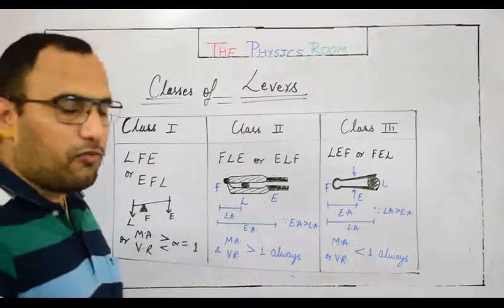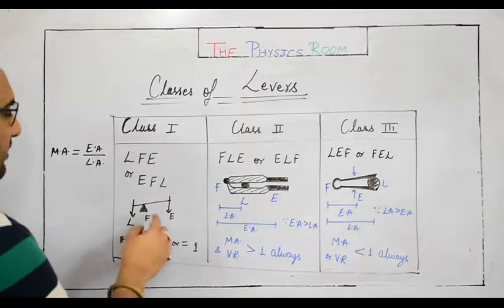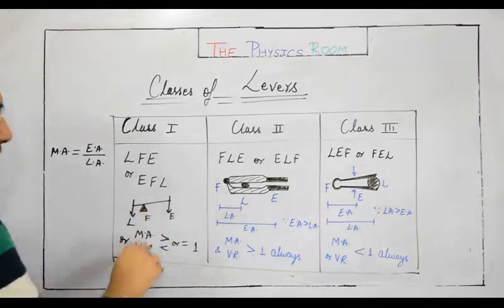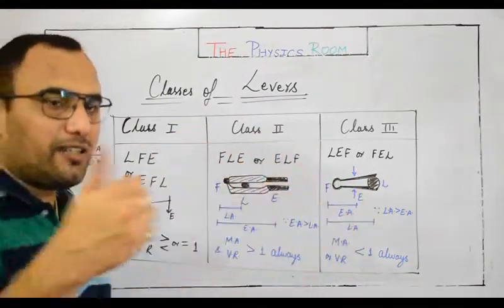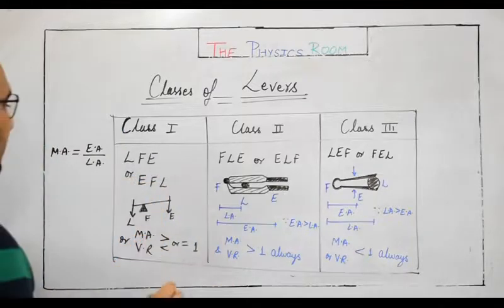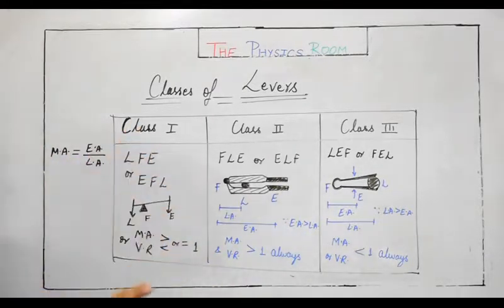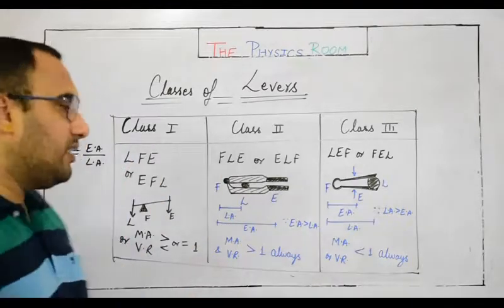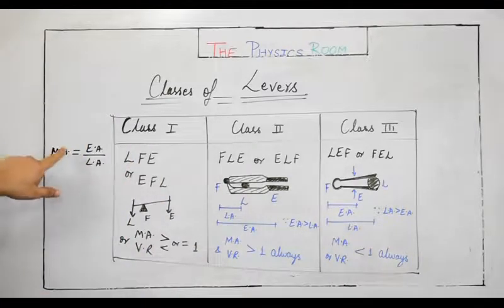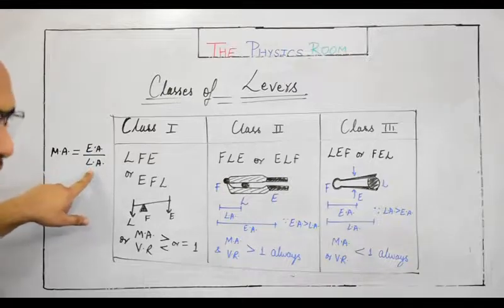Another example is the seesaw, which we have discussed already: the fulcrum was lying between the effort point and the load point. One more thing: the other formula for mechanical advantage, which we have discussed already, is effort arm upon load arm.